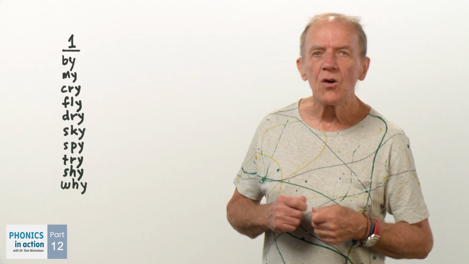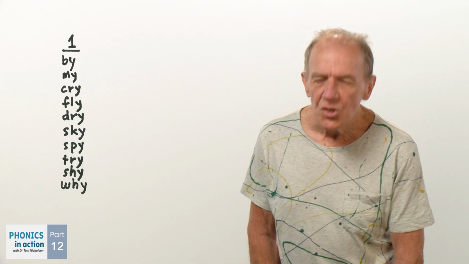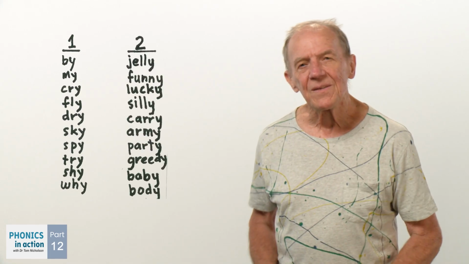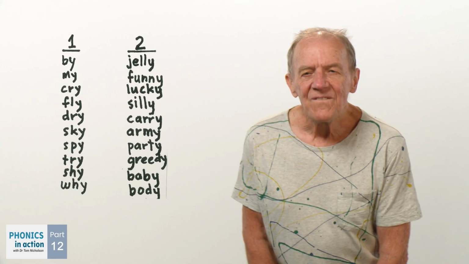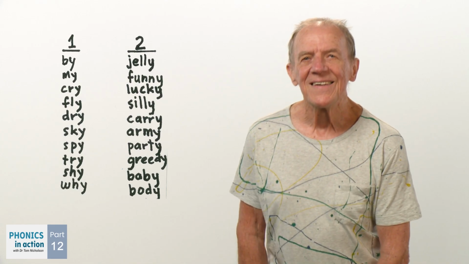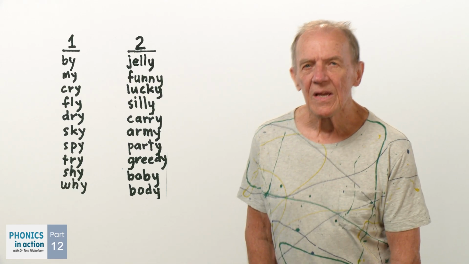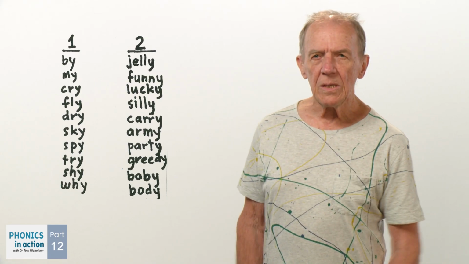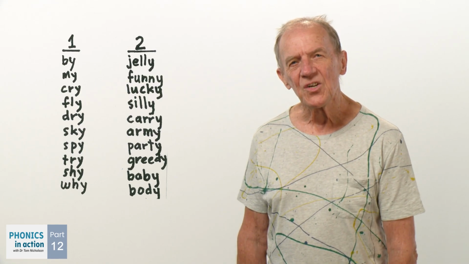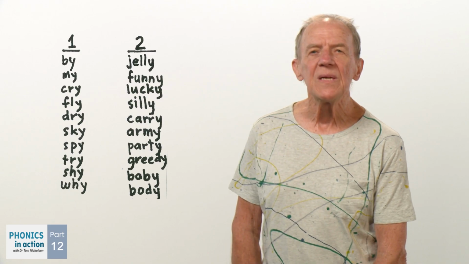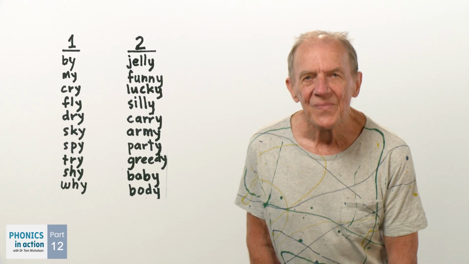Buy, my, cry, fly, dry, sky, spy, try, shy, why. Looking at list 2, the Y has an E sound. Jelly, funny, lucky, silly, carry, army, party, greedy, baby, body.